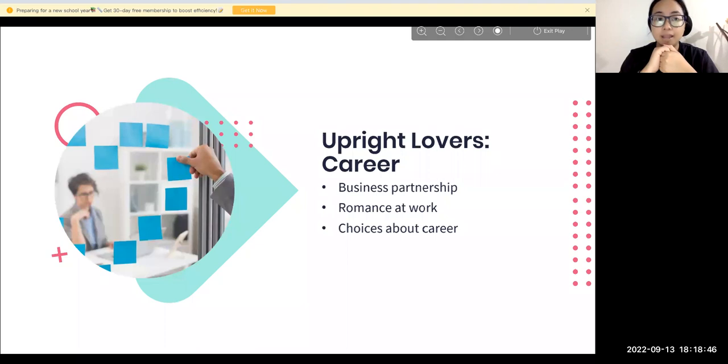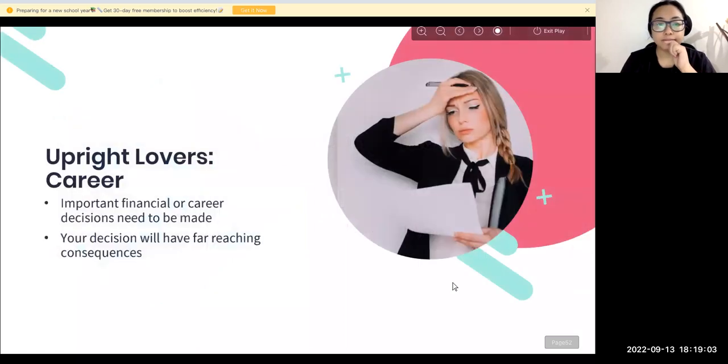You maybe have two choices in your career, or two things in your life that you want to do, and the card is saying that now it's time for you to make the choice.